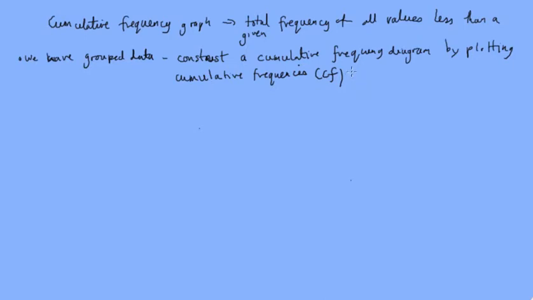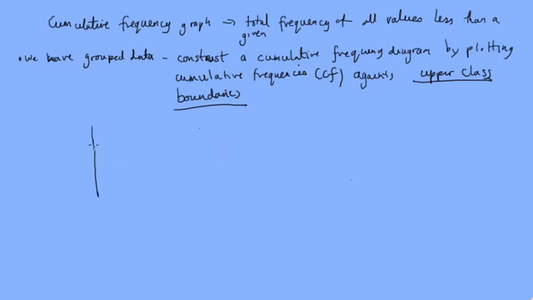And we plot the cumulative frequencies against the upper class boundaries for all the intervals. We can join the points with straight line segments to give a cumulative frequency polygon.